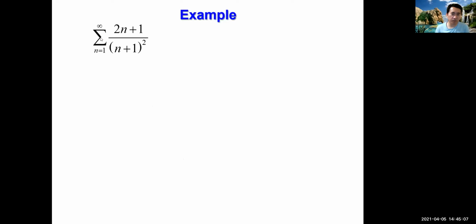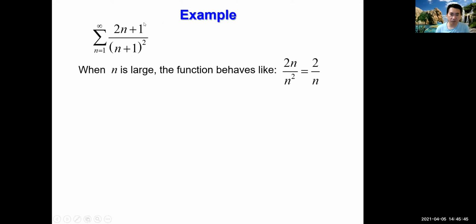Okay, let's look at this example here: 2n plus 1 over (n plus 1) squared. You see the numerator is a polynomial, 2n plus 1 is linear, and the denominator is quadratic. So what we're going to do is compare this series with an equivalent, known series. To come up with that series, I'm going to keep the dominant terms by dropping the insignificant terms.